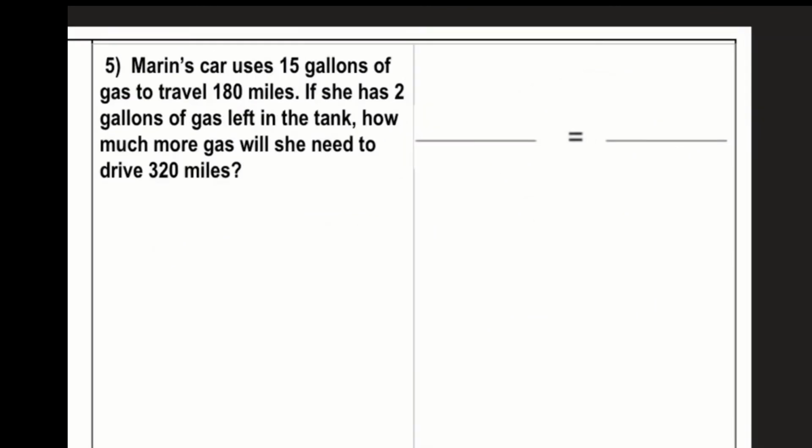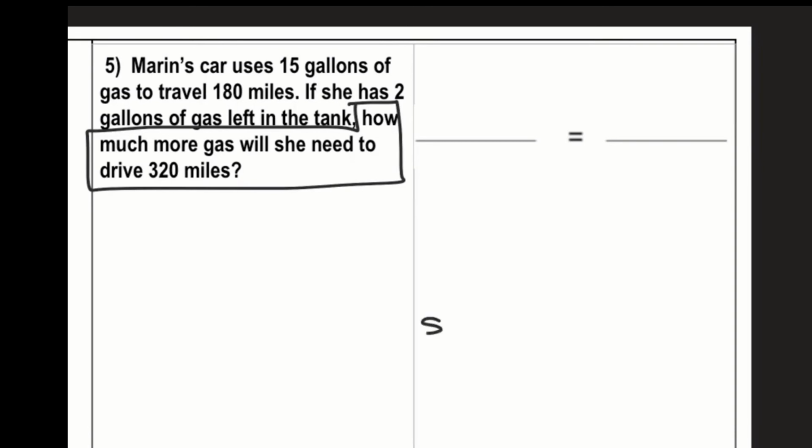Problem 5. Marin's car, go ahead and take the E off, not care, uses 15 gallons of gas to travel 180 miles. If she has 2 gallons of gas left in the tank, how much more gas will she need to drive 320 miles? What are we being asked to find in this problem? How much more gas? So that's going to be referring to gallons she'll need to drive 320 miles.